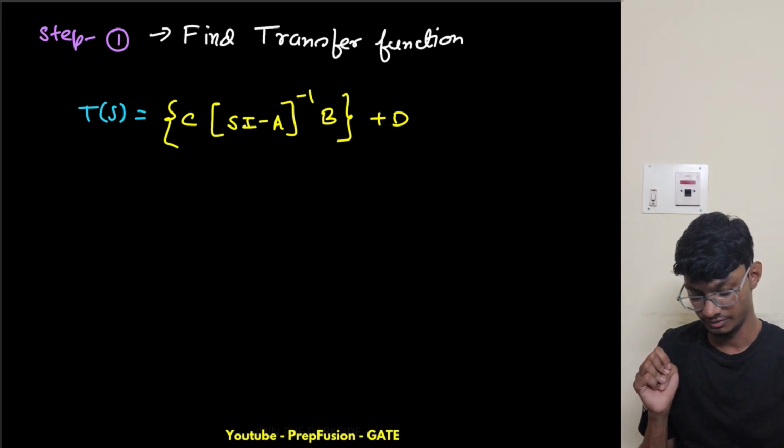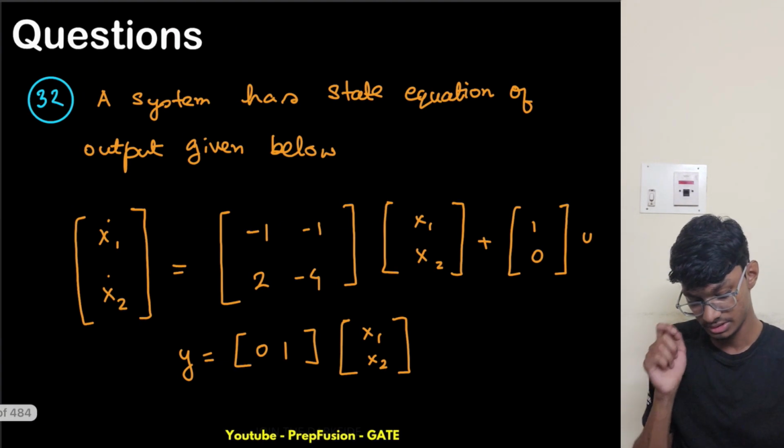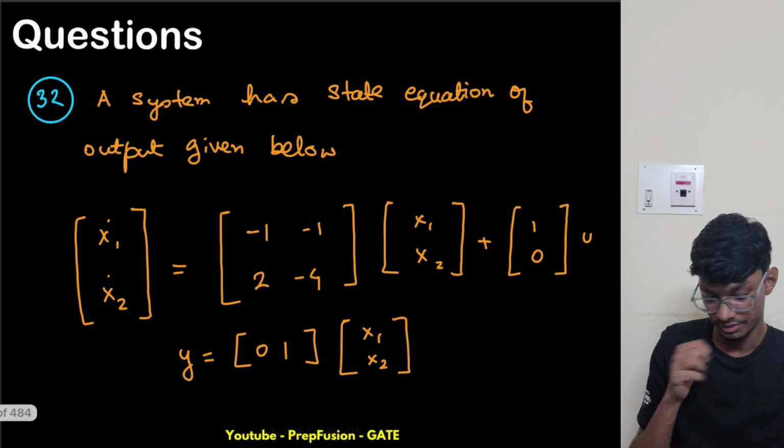So what will my T of s be? C is 0 1. What is my sI minus A inverse?